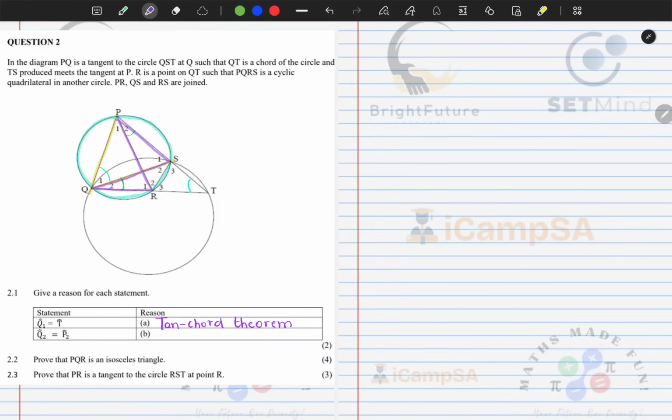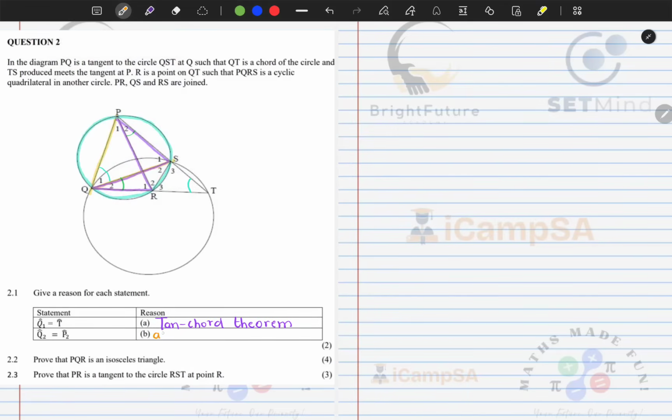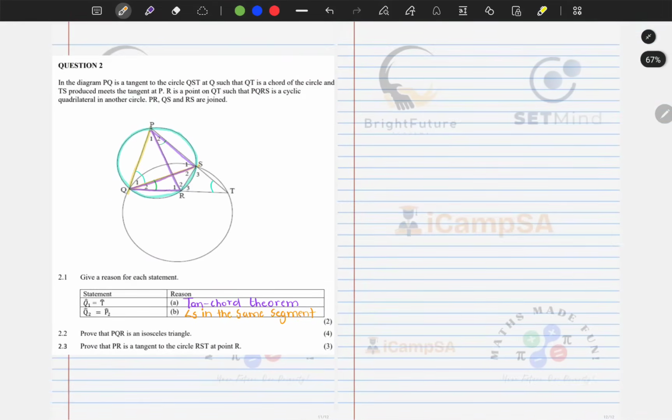So I hope you can see why Q2 and P2 are equal. It is angles subtended by the same arc, or angles in the same segment. Okay, done with that. Very important.